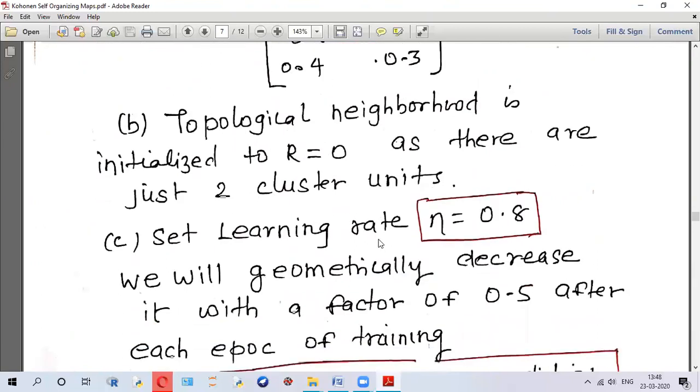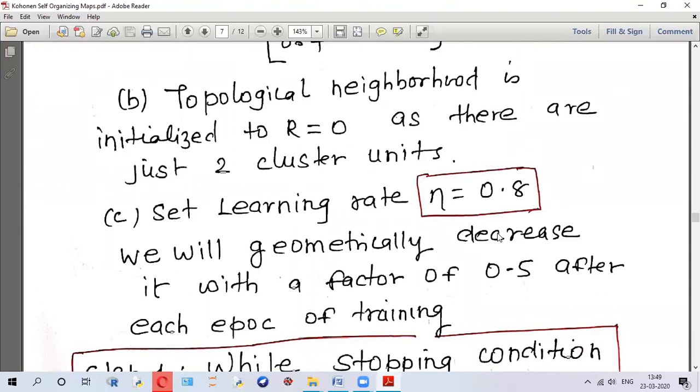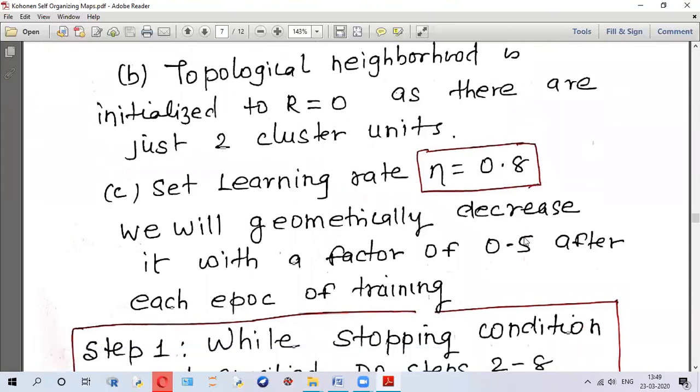The third part under the initialization is setting the learning rate. Again, randomly I have taken the learning rate to be 0.8. We will geometrically decrease it with a factor of 0.5 after every epoch of training. Mind you, in most networks, as we have discussed earlier, the learning rate normally remains constant.